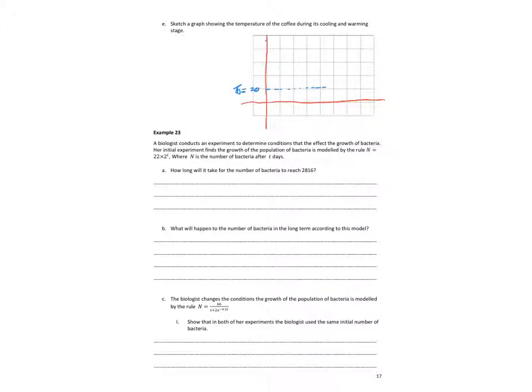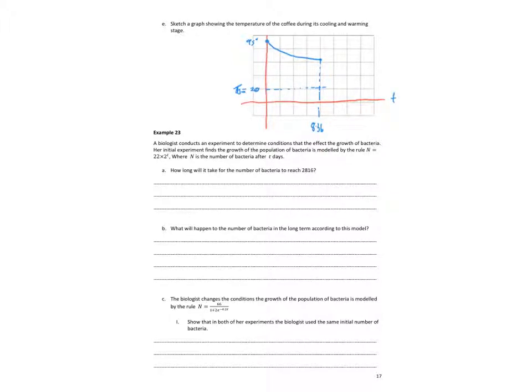The initial temperature was 95 degrees and it cooled down to, so I'm going to call that 20, 40, 60, 80. Cooled down to 65, didn't it? So it cools down to about there. And we'll call that 8.36 minutes. So that's my time.